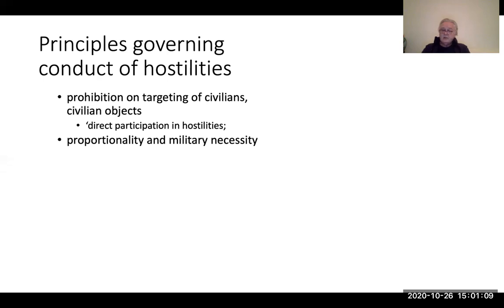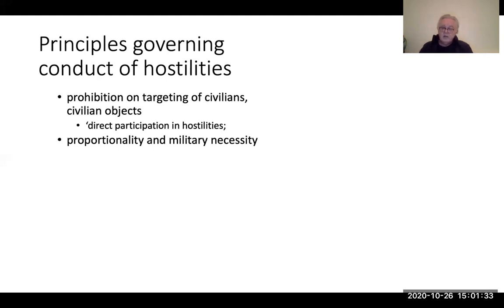And the military that is doing the attack is expected to weigh up the interest, the value of the military objective against the damage that will be done to non-military objectives. I think that's, in a very general sense, the philosophy that's at work here.